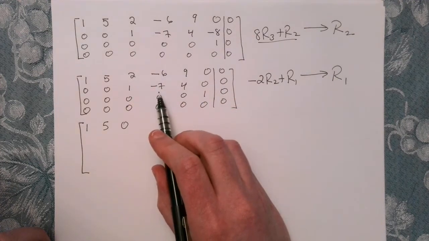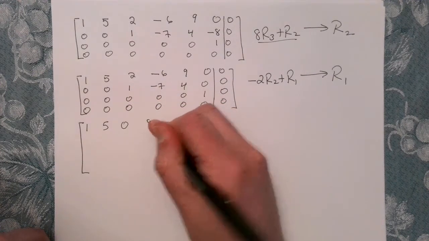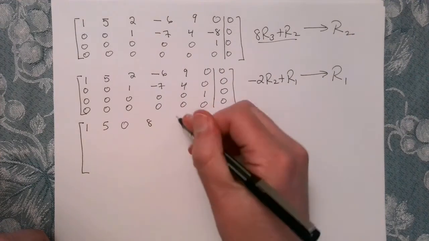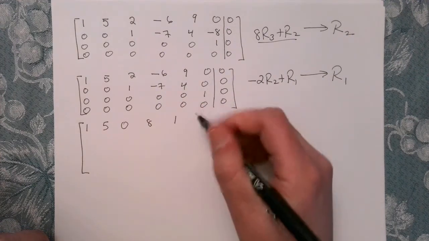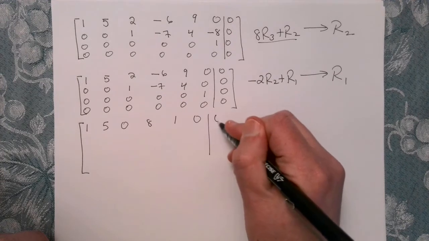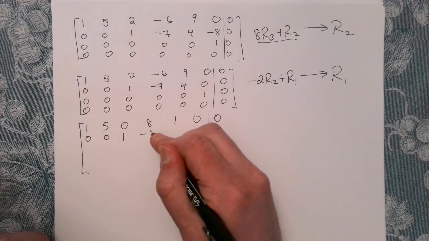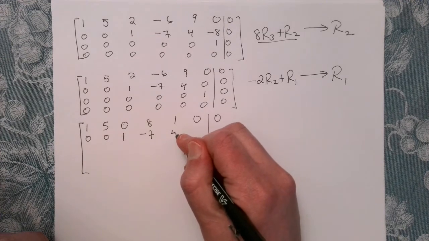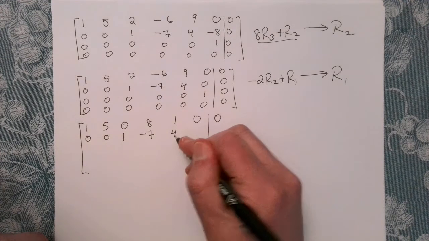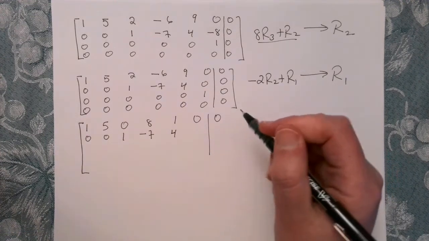This is going to be, it looks like 14 minus 6. This is going to be negative 8 plus 9. This is going to be 0 plus 0. So that seems pretty good. So we'll just write out the rest of our matrix. And I believe we'll now be in reduced row echelon form.